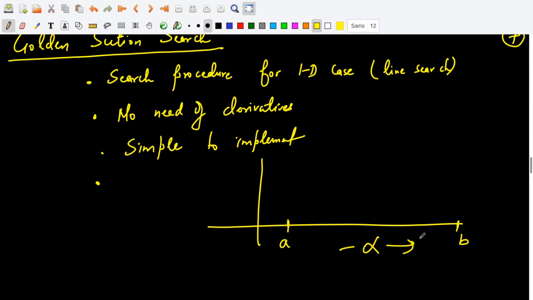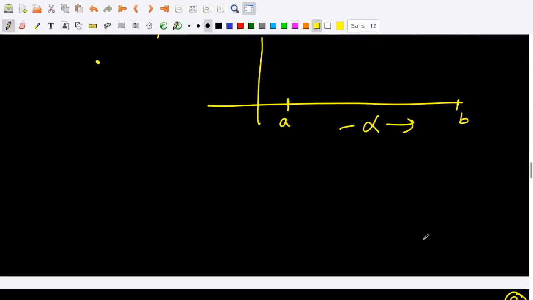So the method is as follows. We start with two points.